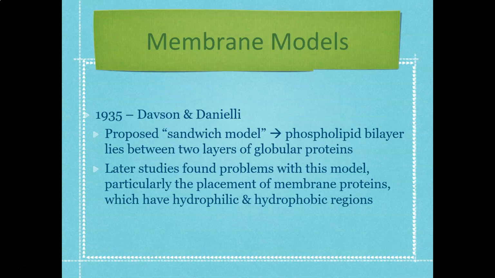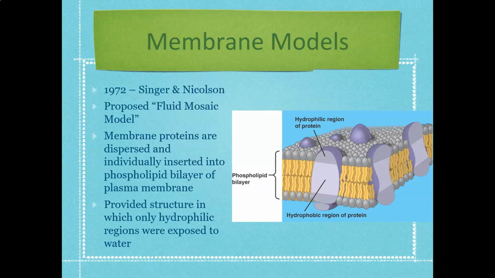They had both hydrophilic and hydrophobic regions, which, again, if we assume that this sandwich model were to be accurate, that would mean that all of those proteins would need to be hydrophobic across the board. That's the only way they would be able to sandwich themselves between those fatty acid tails, because those fatty acid tails are hydrophobic. So this didn't quite hold up.